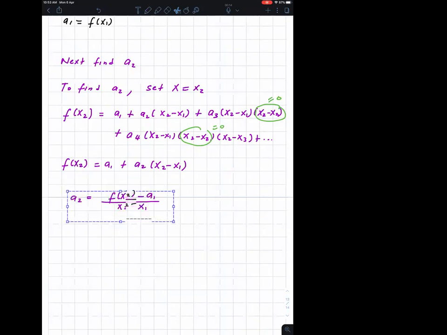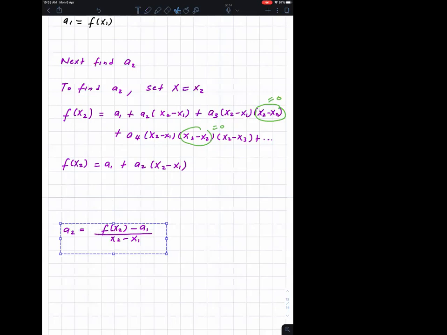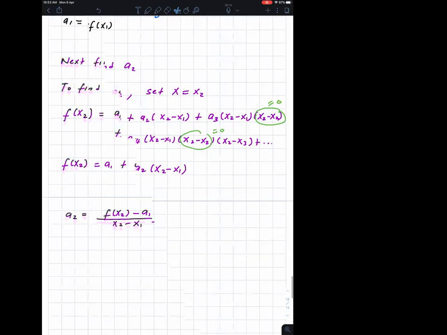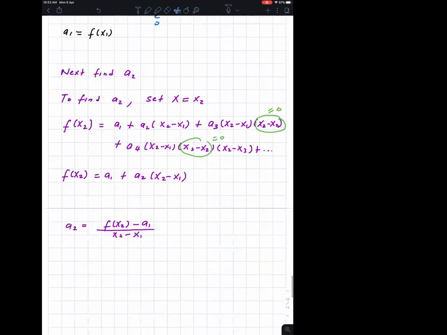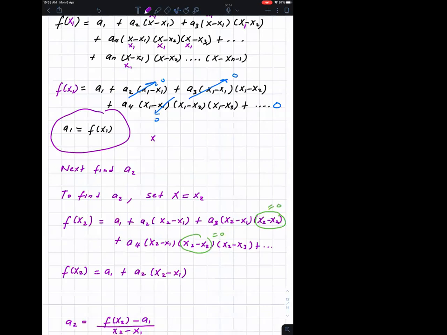Let's put it here. See, given the data set x1, x2, now from before, you can find A1 if x1 is given.